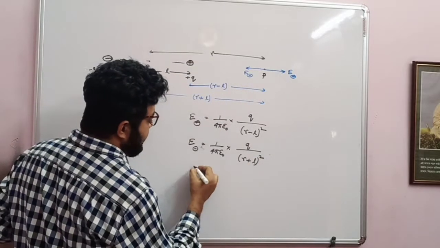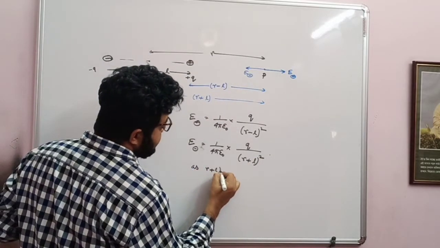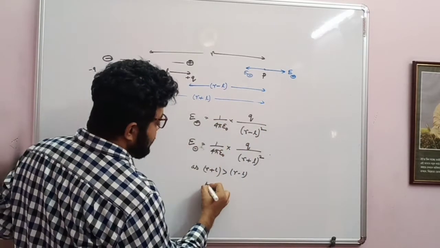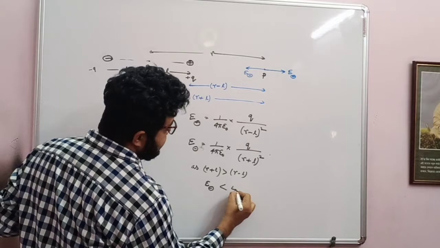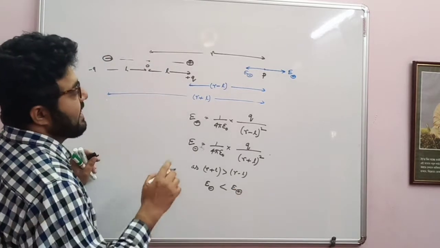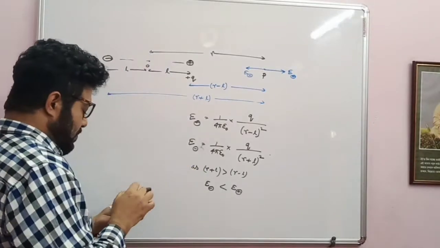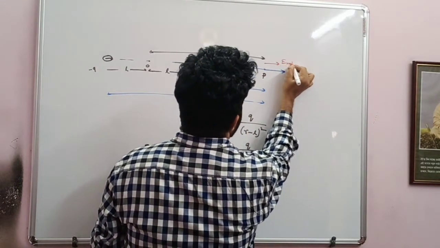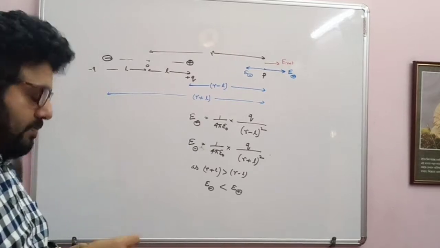Clearly, as r plus L is greater than r minus L in terms of distance, E minus is less than E plus, and they are in opposite directions. So the net electric field is in the direction of the positive one.